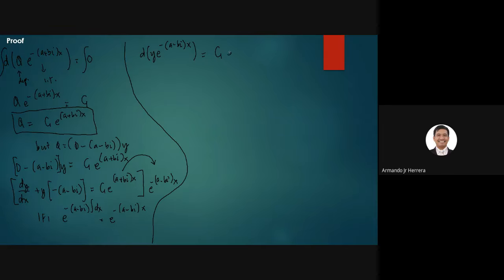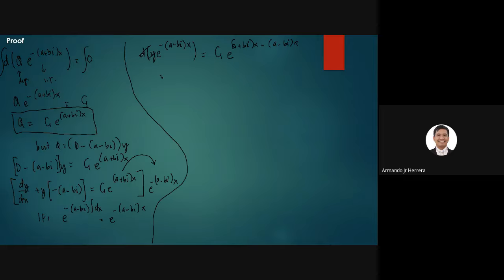So that's e to the (a plus bi) of x. Pag binultiply, i-add lang natin, so magiging minus quantity (a minus bi) of x. So let us try to combine this first.